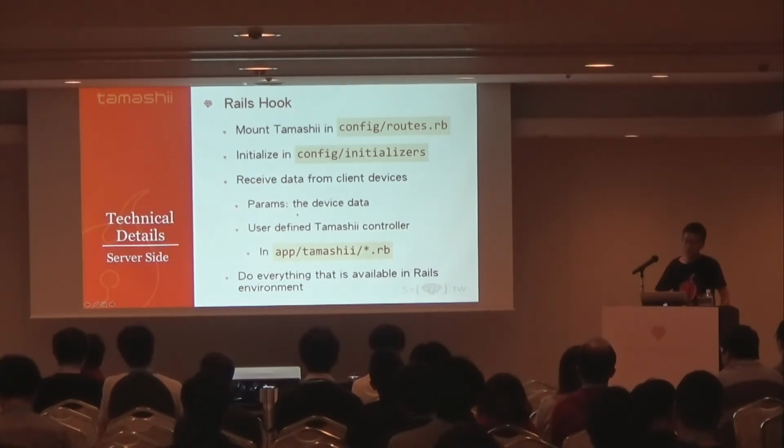The traffic data from the client devices will be passed to the controller that is defined under the app/tamashii directory. Inside the Tamashii controller, you can do everything available in a Rails environment, such as access the database or include some background jobs. You can also send a message back to the devices. We will talk about this later.